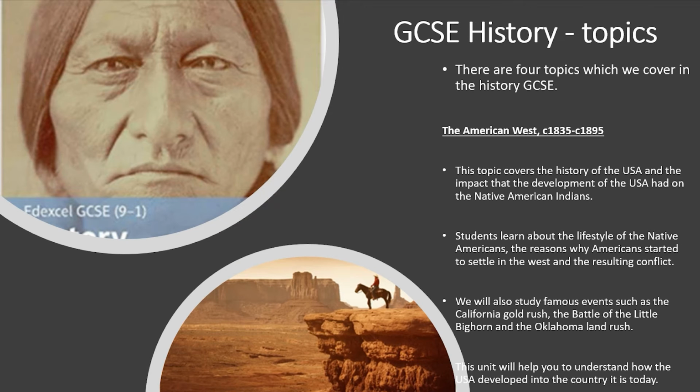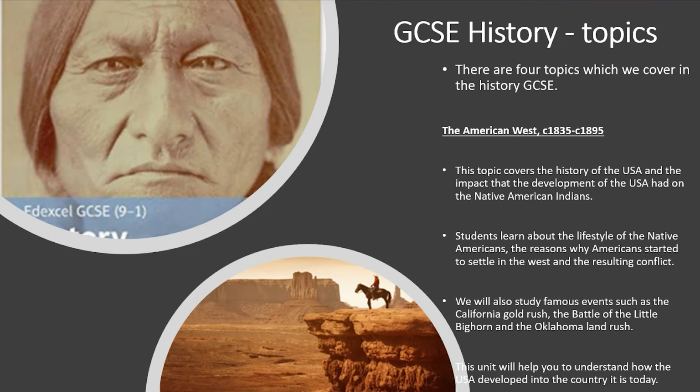So there are 4 main topics which we cover in the History GCSE. The first of which is the American West. So we're looking at America in the 19th century. This is a depth study because we're looking at a relatively short period of time, historically speaking. So we are looking therefore at the events that happened in that time period in quite a lot of depth.